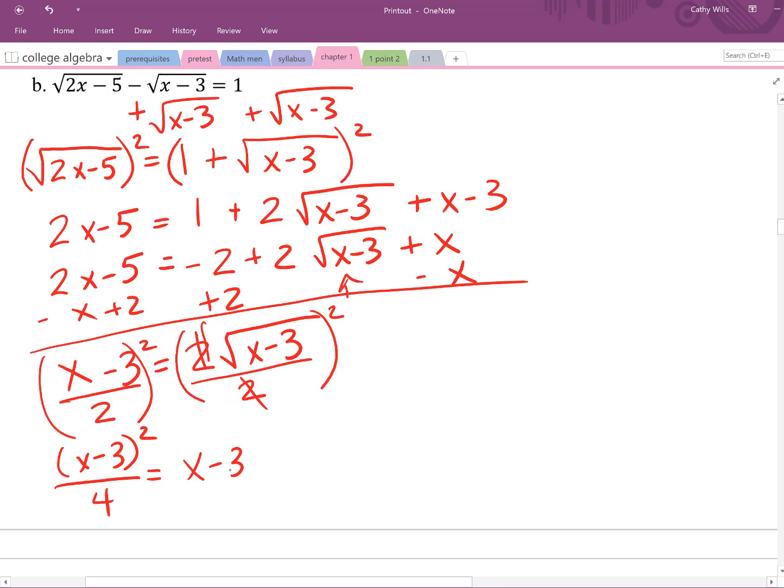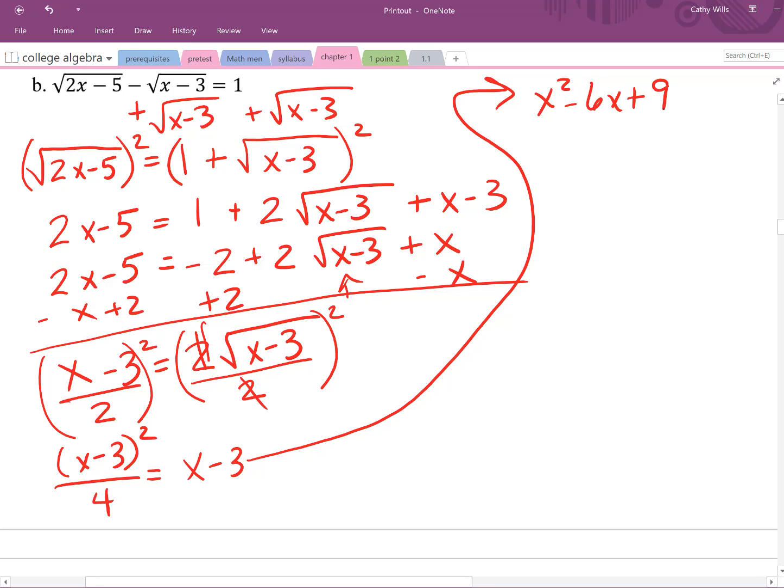Now we are going to have to square out that binomial, x minus 3 times x minus 3, which is x squared minus 6x plus 9 over 4, equals x minus 3.